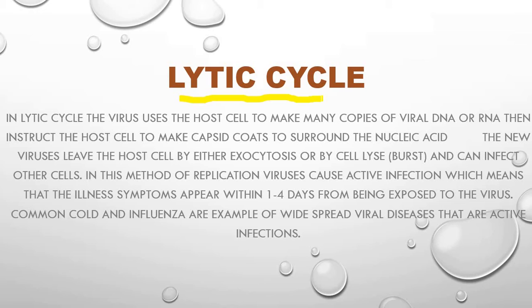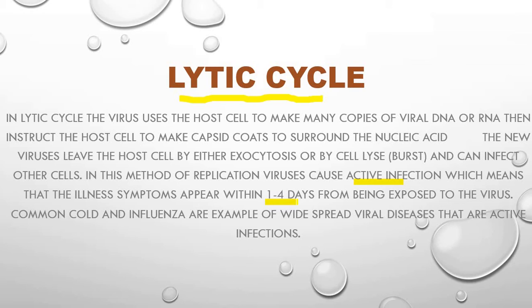In the case of the lytic cycle, the replication happens very fast and causes active infection, meaning that the symptoms of the disease can appear on the infected person within a few days, ranging from 1 to 4 days from being exposed to the infection.